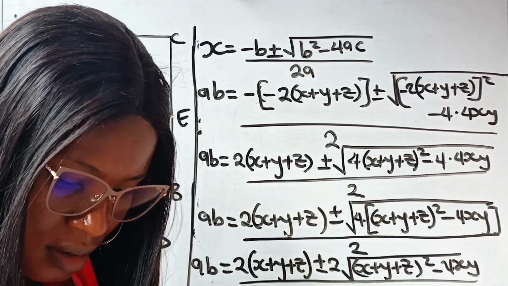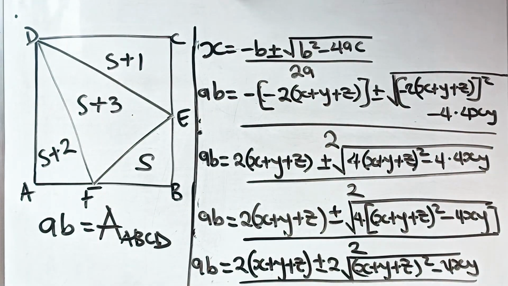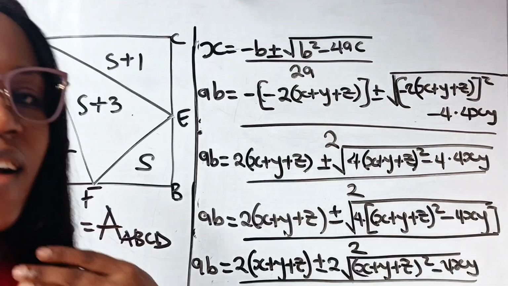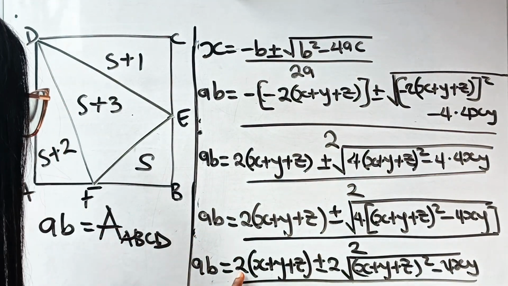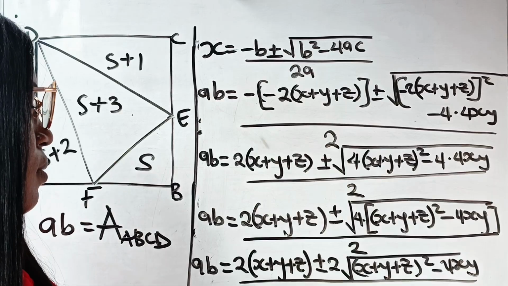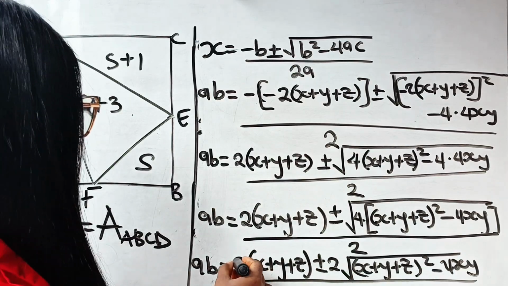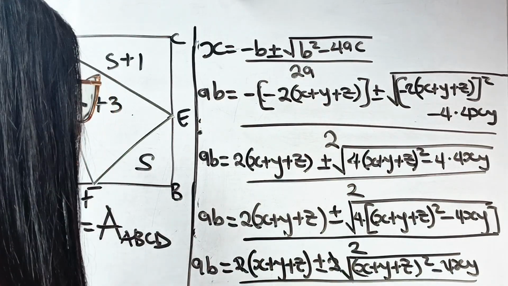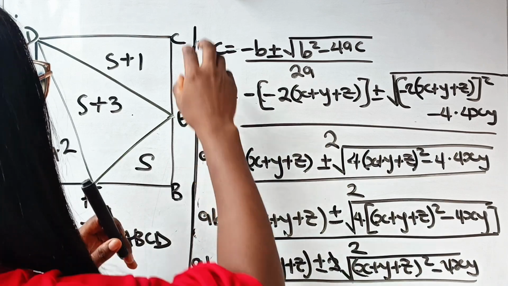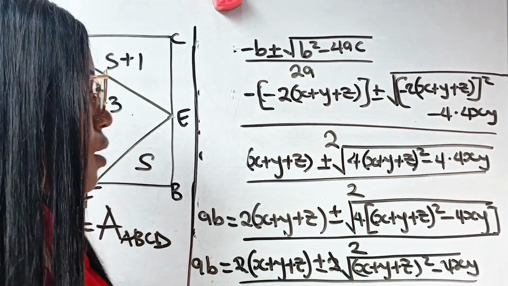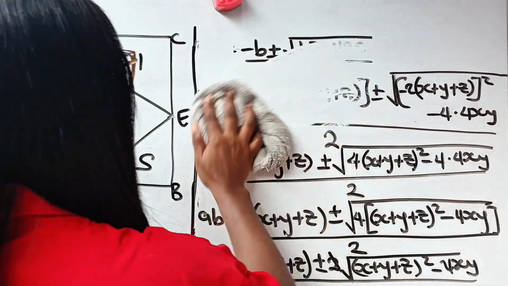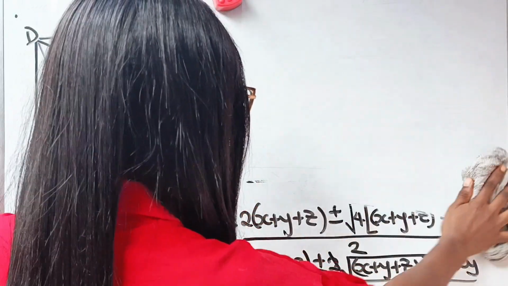Sorry, my pen fell down. So you can see that we have 2 here and 2 here. These 2 can cancel, so this and this will go.